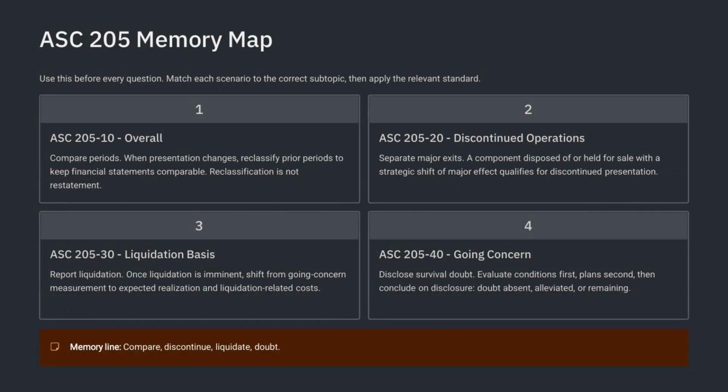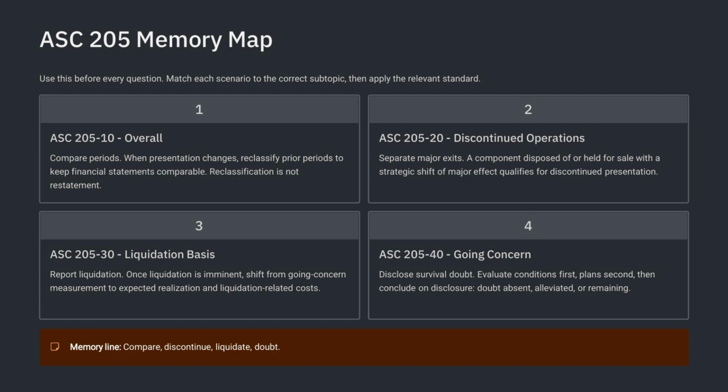Before the first question, let us refresh the ASC 205 memory map. ASC 205-10 is about comparing periods and keeping presentation readable across time. ASC 205-20 is about separating major exits when a component is disposed of or held for sale, and the disposal represents a strategic shift.